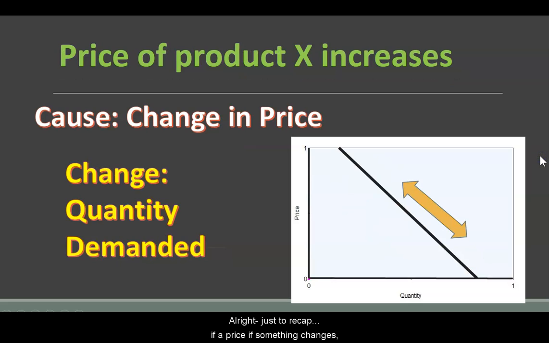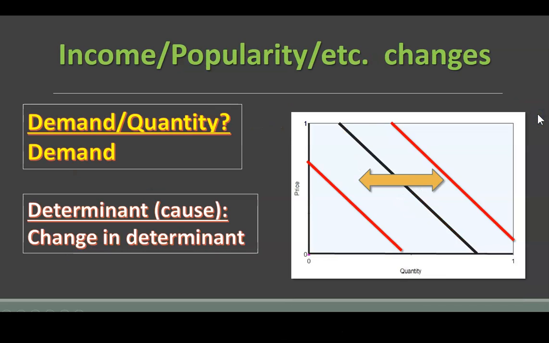All right, just to recap, if a price of something changes, and the only cause is price, that's going to be a quantity demanded change. That means you're going along the line that's on the graph. You're not changing the line itself. If it's anything like popularity, income, seasons, literally anything else besides changing the price of the product, it's going to be a shift to the left or to the right.